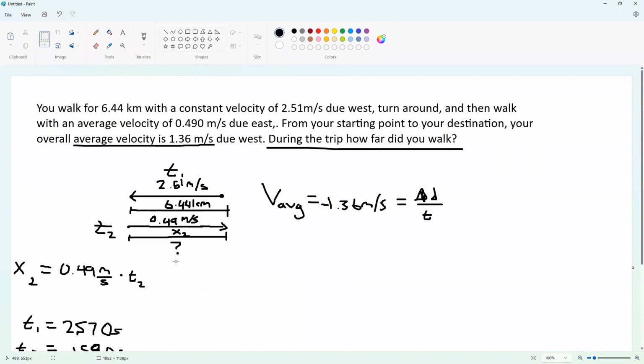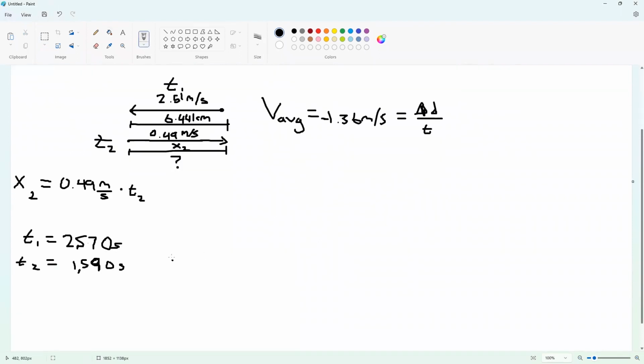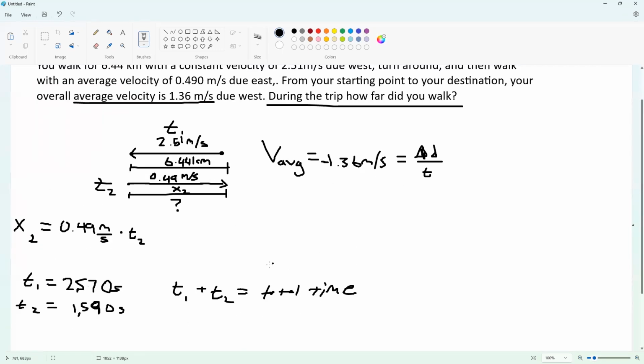You said something earlier, Matt, and that is correct. T1, we have T1, we have T2, which is going to be equal to the total amount we took. Okay, so what do we do with this total time? I think you plug it into the formula that we were using earlier.